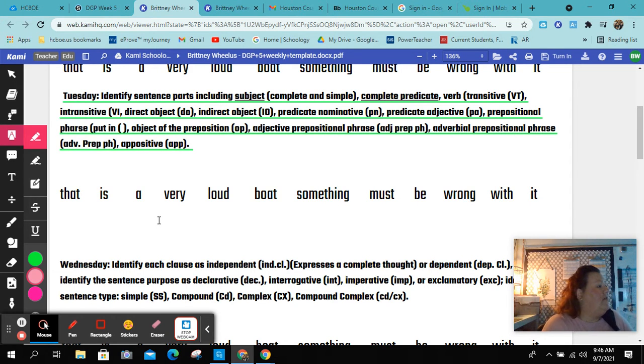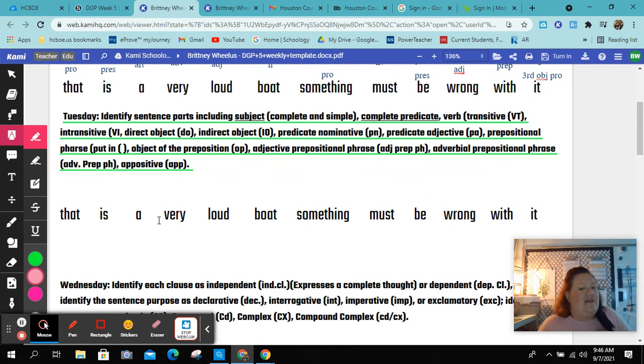Do you have more than one subject or more than one noun or pronoun? Do you have more than one verb? Yes. Okay, so that right there tells you, hey, something's different about this sentence. Okay, it's not just a simple sentence. What kind of sentence do you think this is? John just said compound, okay?